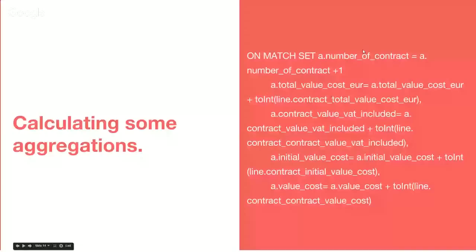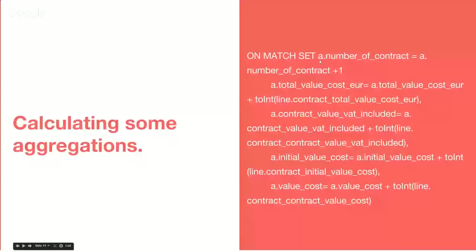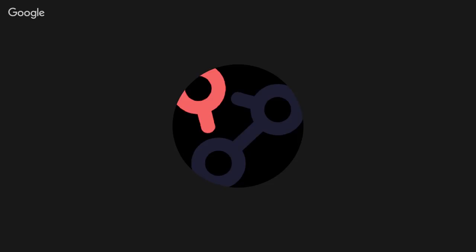So it's very simple: set a.number_of_contracts equal to a.number_of_contracts plus one. With the same logic, we are also incrementing the total value cost in euro, the contract value VAT included, and so on and so on. So it's very easy to do this kind of computation using the LOAD CSV functionality of Neo4j.